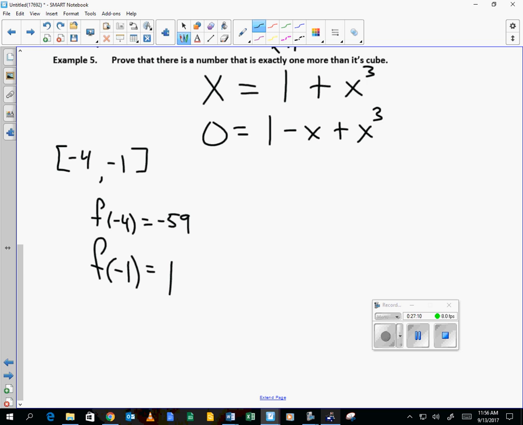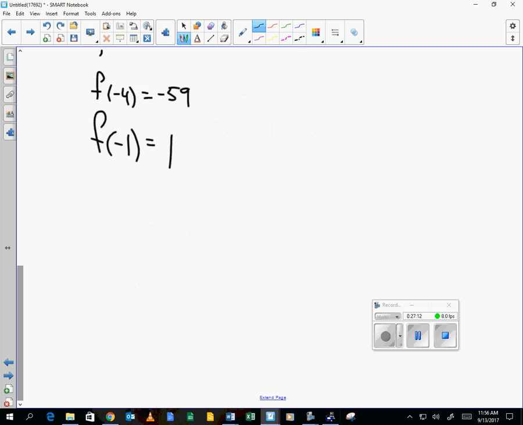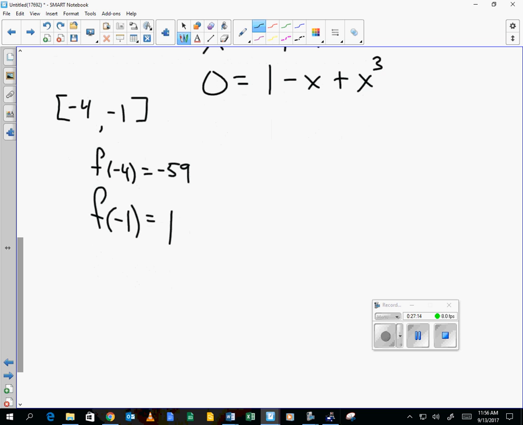Okay. So we went from negative 59 to 1. That means we had to cross over every value in between, which includes 0. Because negative 59 is less than 0, which is less than 1.